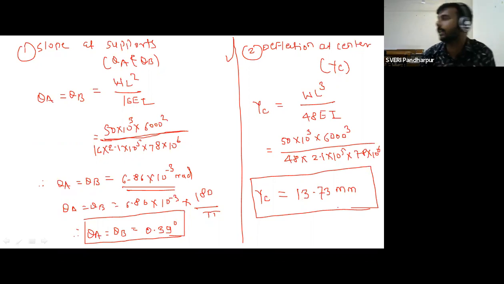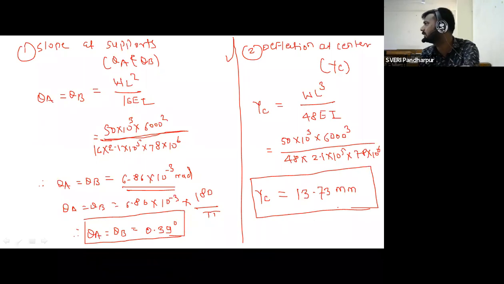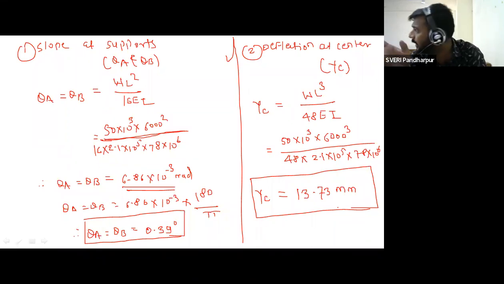So this is the deflection at the center point and the slope at the supports. If you solve this problem by using the moment area method, the answers will be near about this. And जरी हा problem तुम्ही moment area method ने solve केला, you will get some marks, at least 5-6. But moment area method ने विचारल्यानंतर तुम्ही त्या ह्याने solve केला, you will get 1 or 2 marks. Just you have solved it correctly due to this only. But instead of applying the moment area method here, you can remember the formula and put the values and you will get the answer.